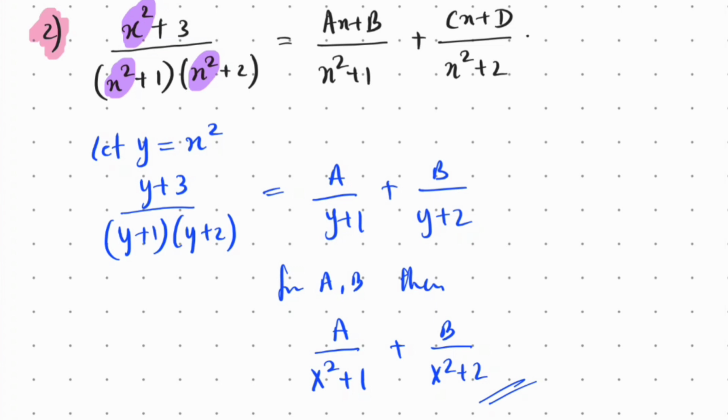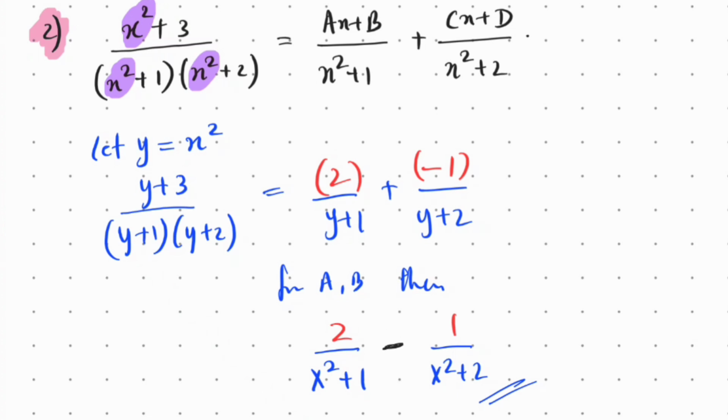What is it going to be? If y is minus 1, that's A, 2 over 1, so that's basically 2. And B is going to be 1 over minus 1, so that's going to be minus 1. So the final answer is going to be 2 here, a minus sign, and a 1 here.